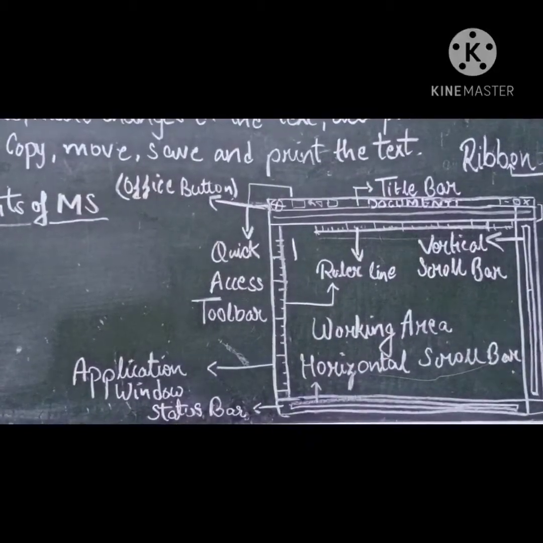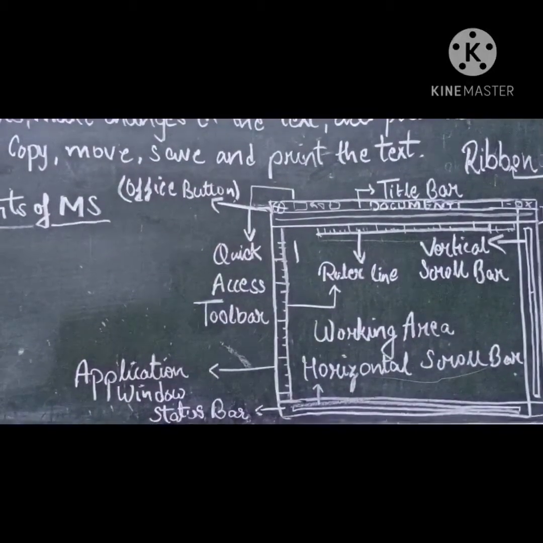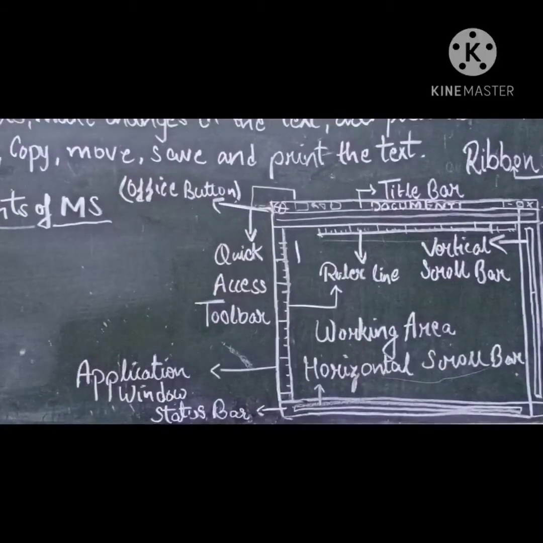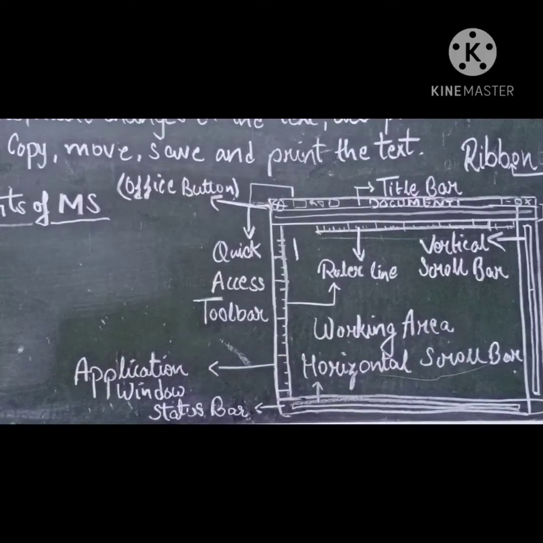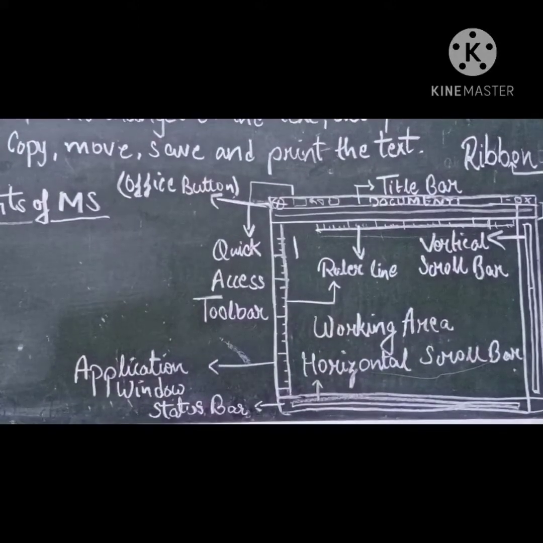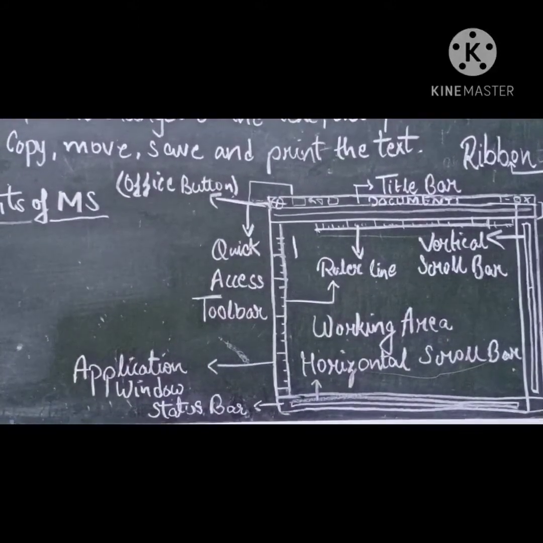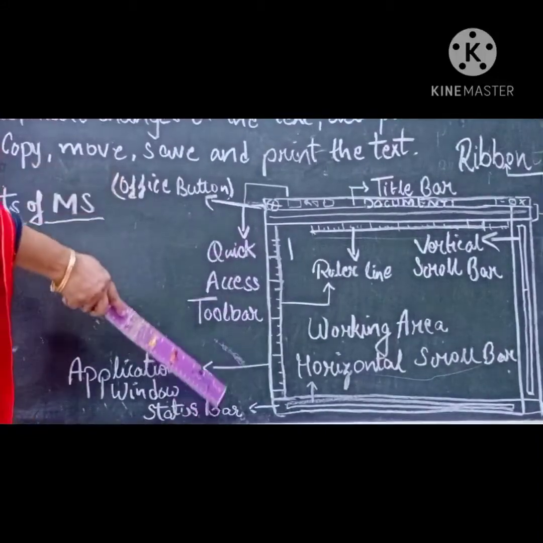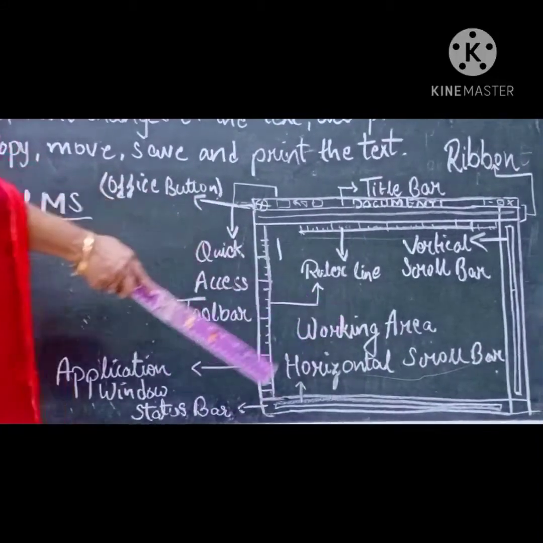Children, the open application of MS Word displays two windows on the screen. The larger window is called the application window and the smaller window which is inside the application window is called the document window. Look children, this is your application window.